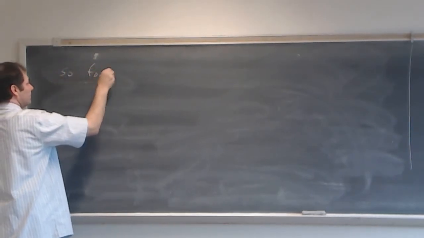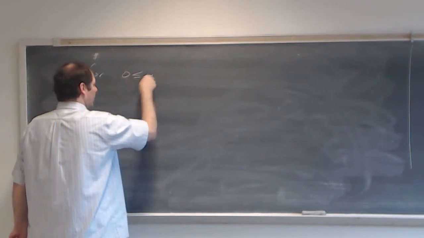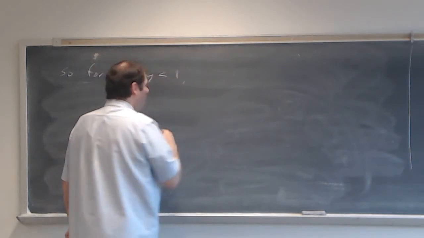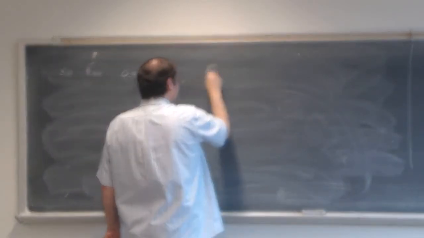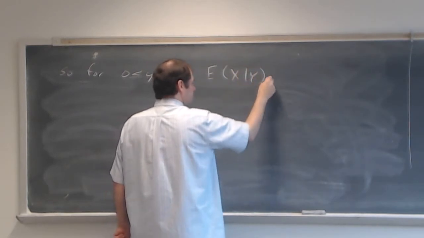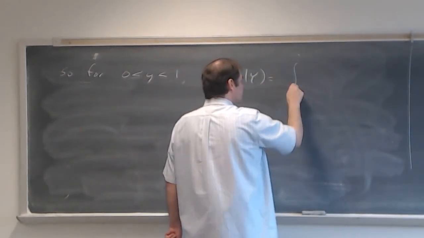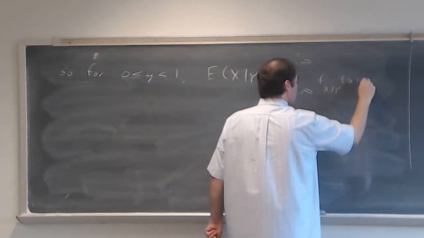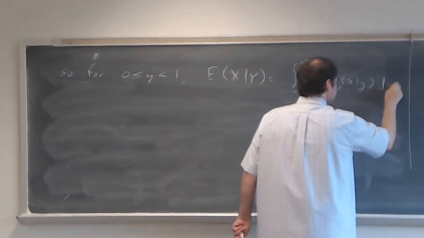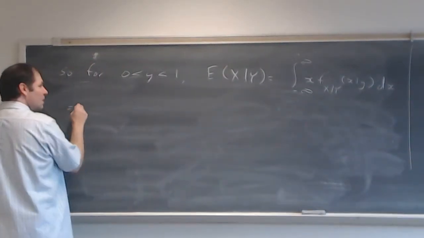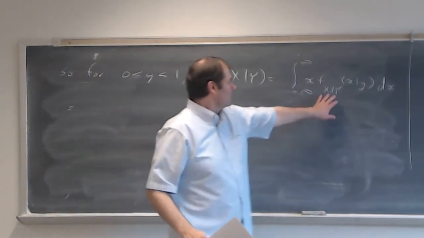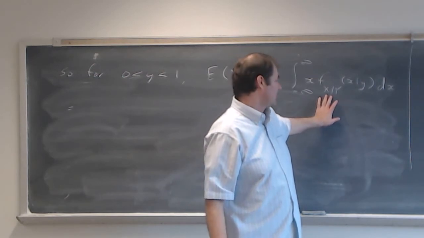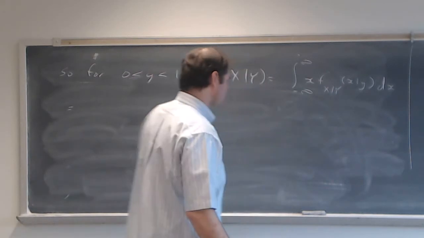So for 0 less than or equal to y less than 1, the expected value of X given Y is equal to the integral from minus infinity to infinity of x times the conditional density, dx. Because of the way that the conditional probability density function is defined, a lot of times it's 0.